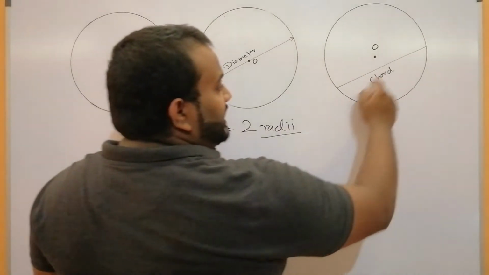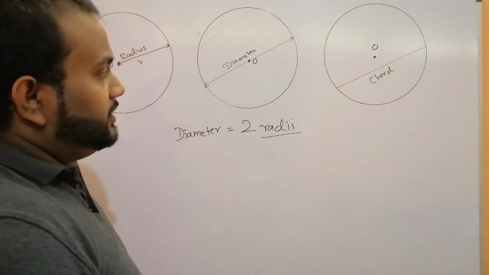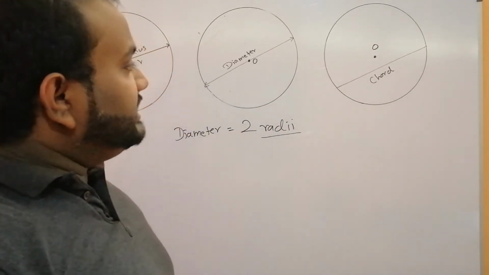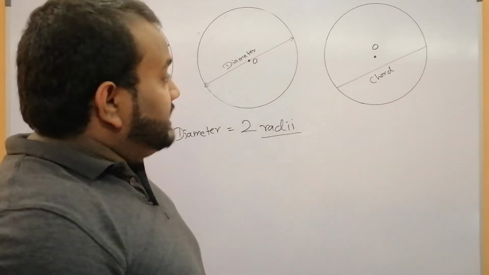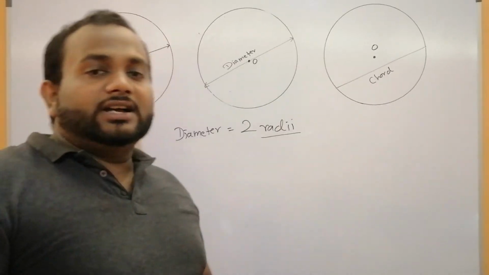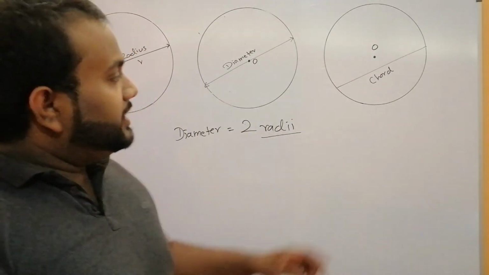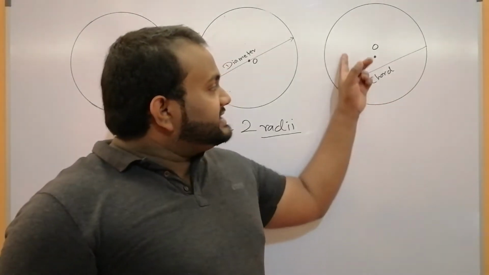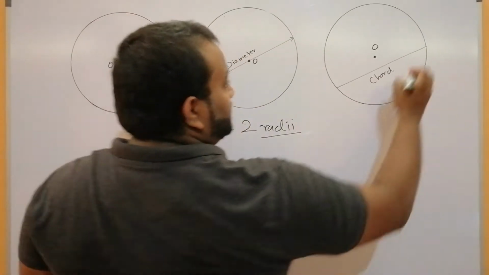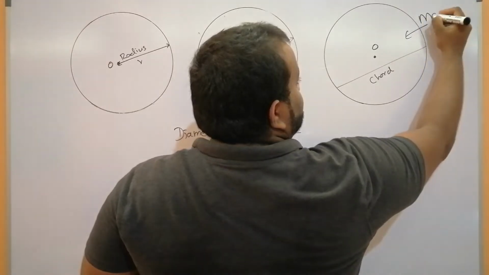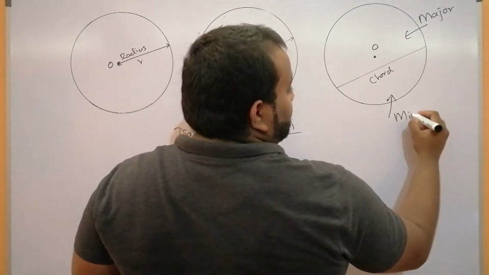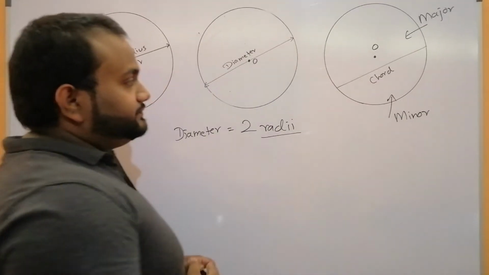On the other hand, we have the chord. Now, there is some similarity between the diameter and the chord. Sometimes the diameter is also defined as the longest chord in a circle. The chord divides the circle into two segments: one, the major segment, and the other, the minor segment.